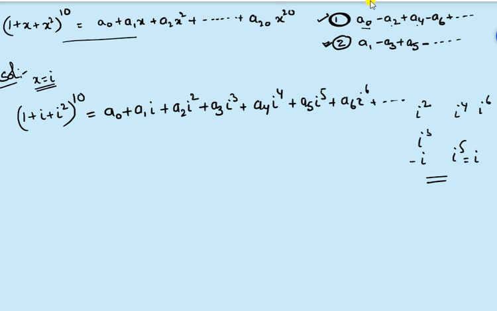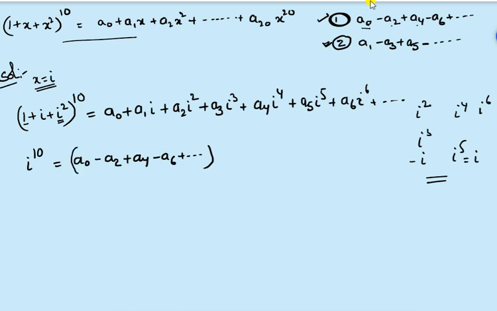In this simplification we can write i square is equal to minus 1. We are getting i to the power of 10 is equal to a0 minus a2 plus a4 minus a6 plus and so on.